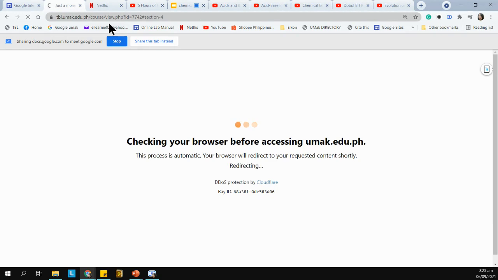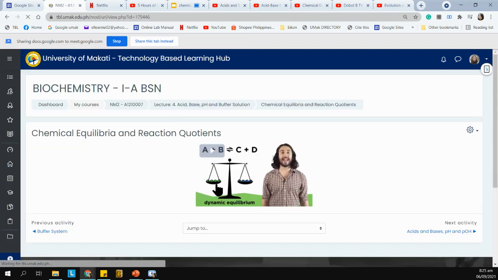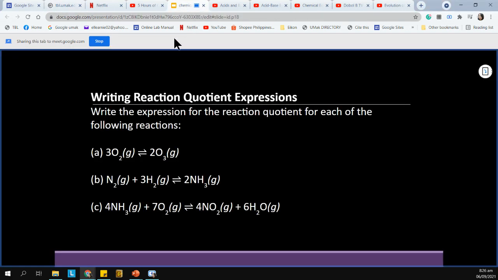Or wala? Yung equation lang po. Okay. Write down the equilibrium constant of the samples that I gave here.